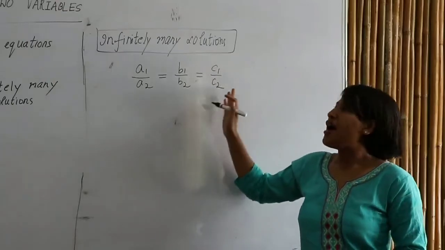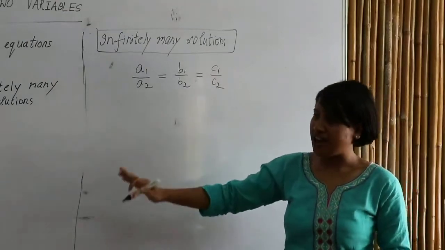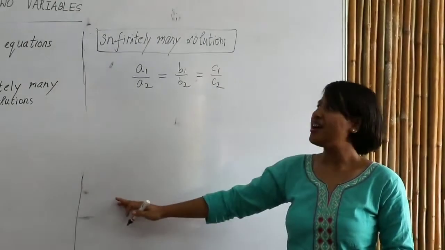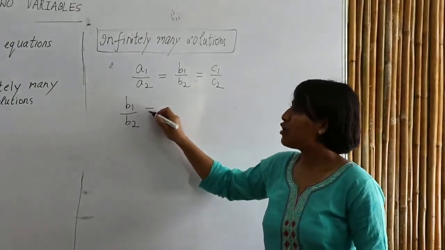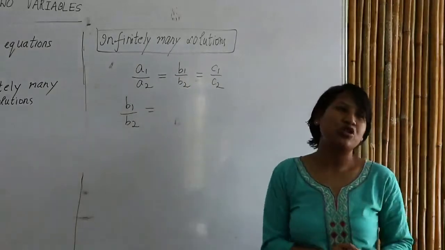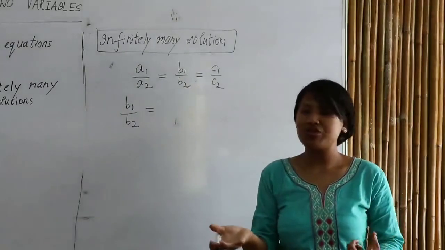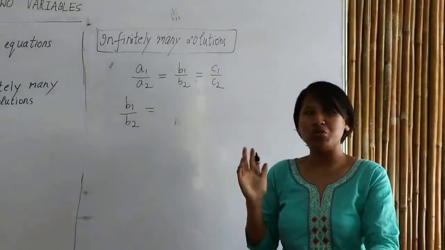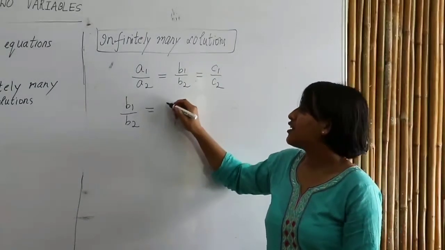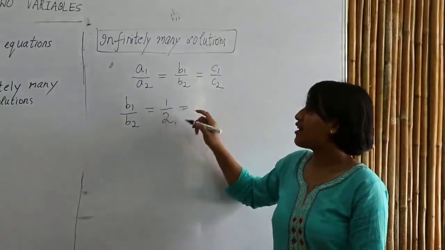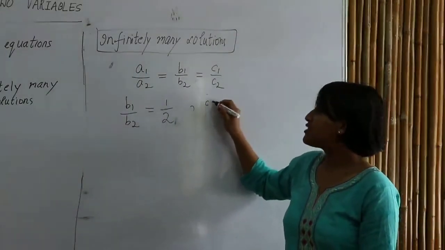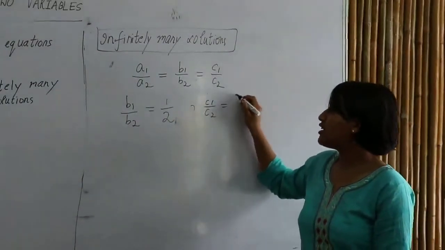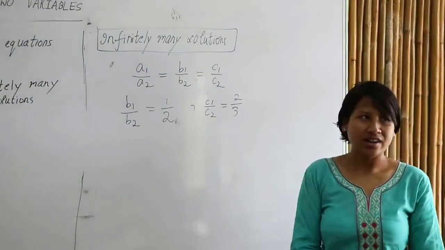However, when you check, check for b1 and b2, don't check for a1 and a2 because k is unknown. You check first for b1 and b2 for the known numbers. Now you see here that b1 by b2 is half, but c1 by c2 is 2 by 3.